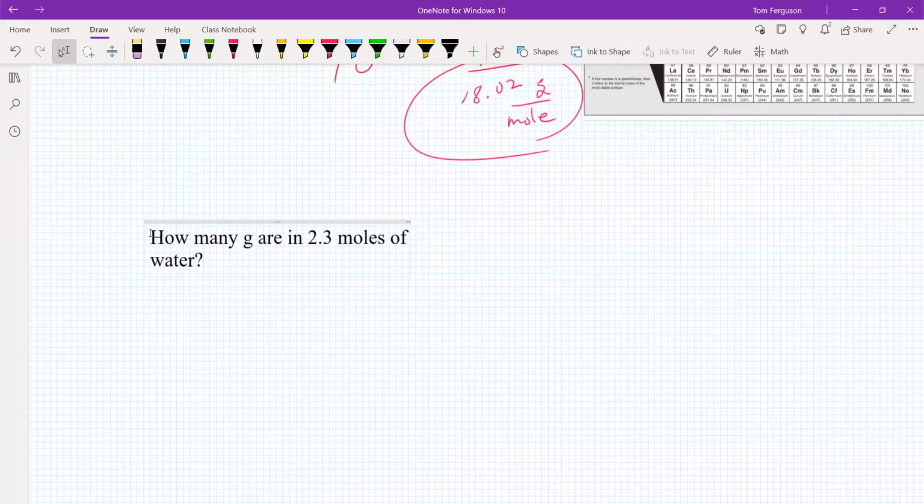Okay, number one, is there a chemical reaction going on? No, so we skip that. Number two, what's given? 2.3 moles of water. What are we trying to calculate? Grams of water.